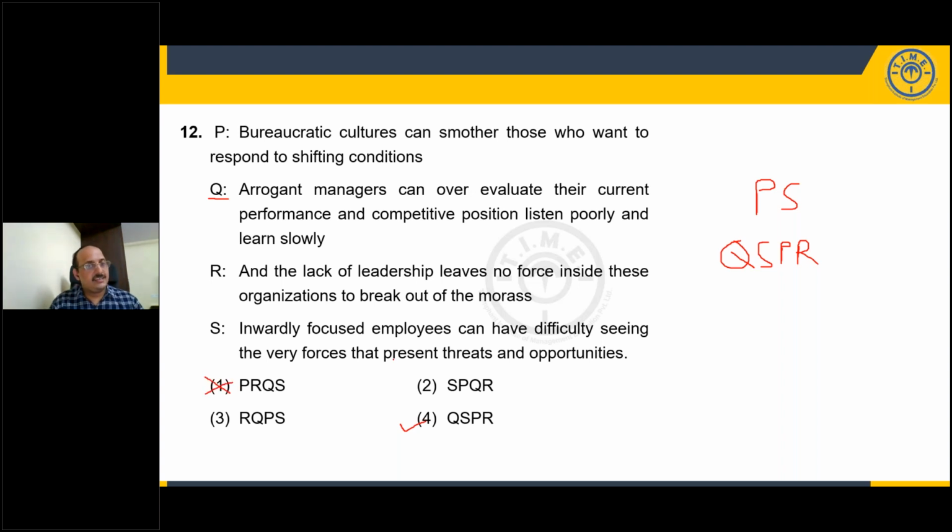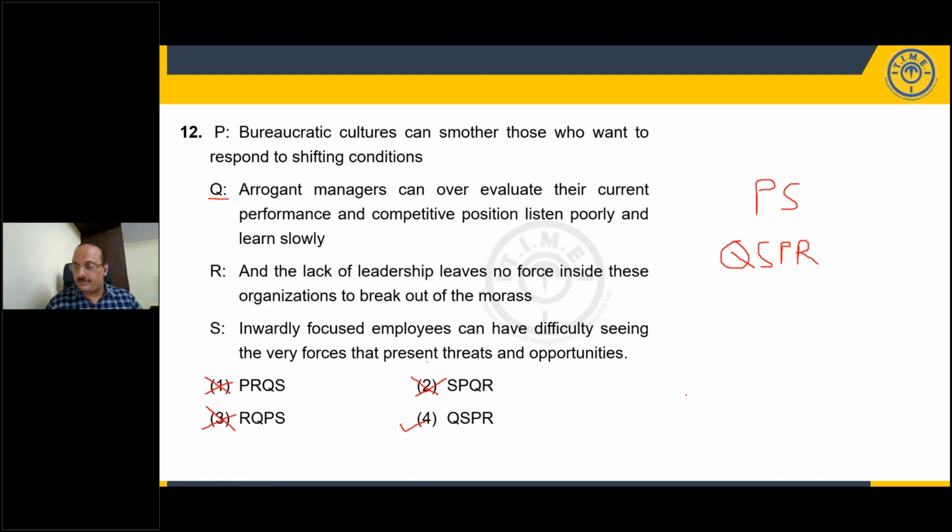I hope this is clear. So slightly difficult one, but the idea here was how managers and employees, due to a lack of understanding, can create problems, and because of that people are not able to respond to shifting conditions. So QSPR becomes my answer. Okay guys, I hope this is clear.